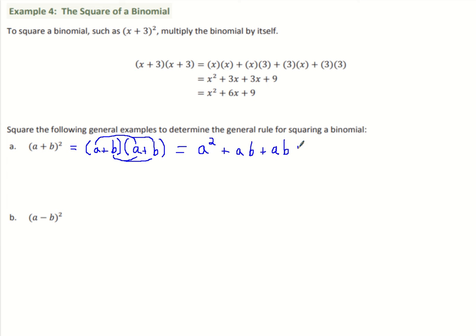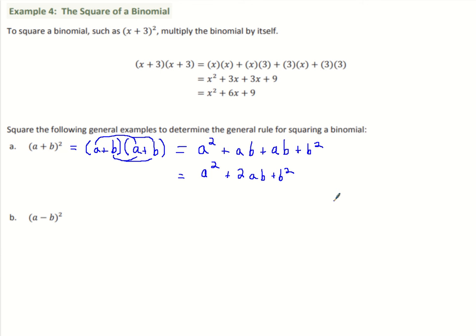And then b times b is going to be b squared. So what I get is a squared plus ab plus ab. Well, I have two sets of ab, 2ab plus b squared.